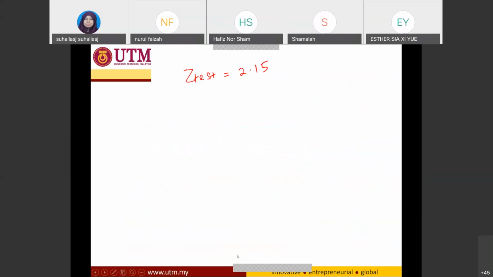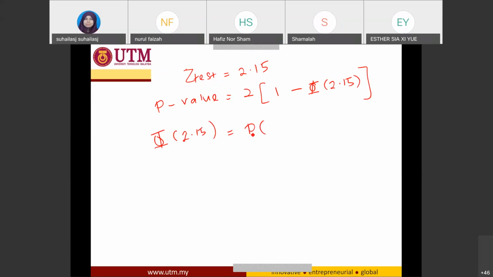So the P value equals 2 times (1 minus phi of 2.15). This one we call phi. Phi of 2.15 means the probability that Z is less than or equal to Z test, which is Z less than or equal to 2.15.